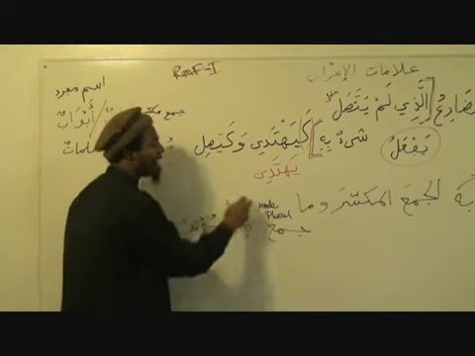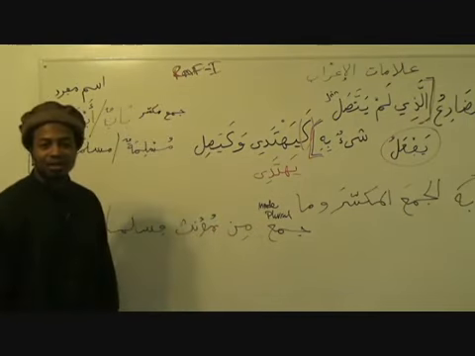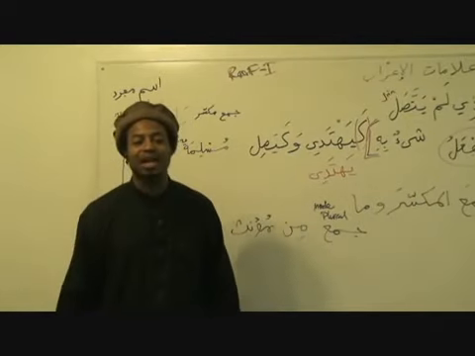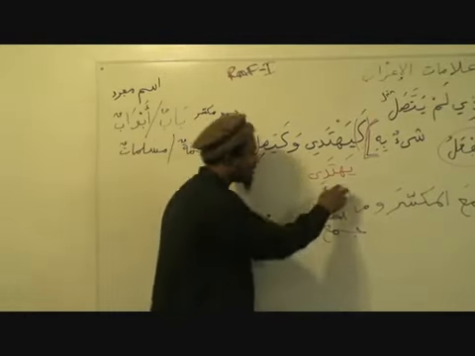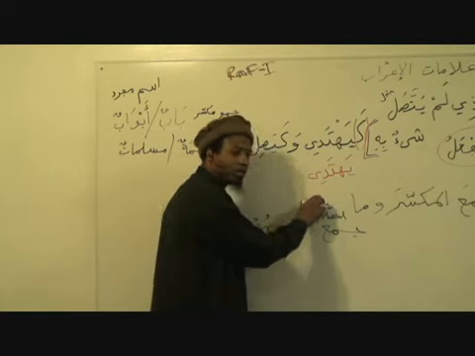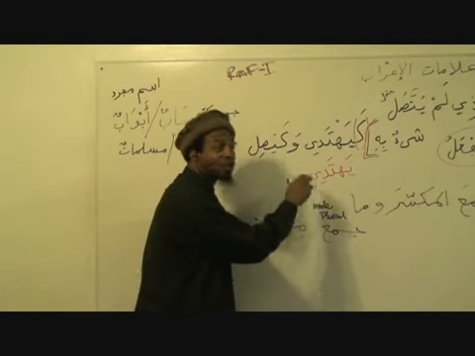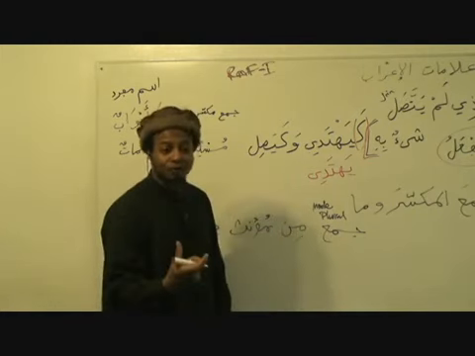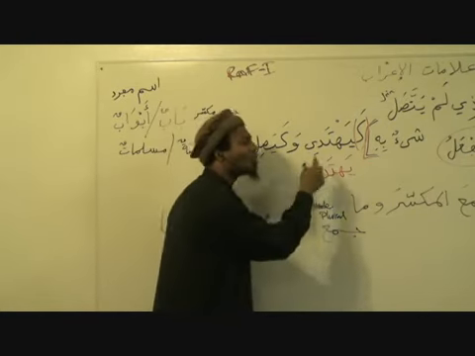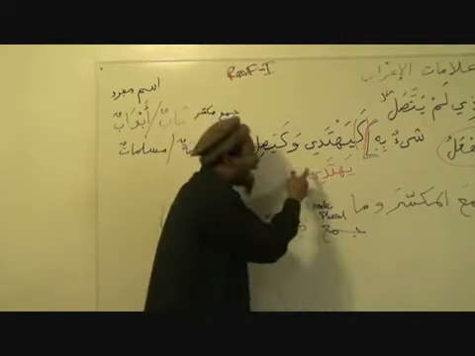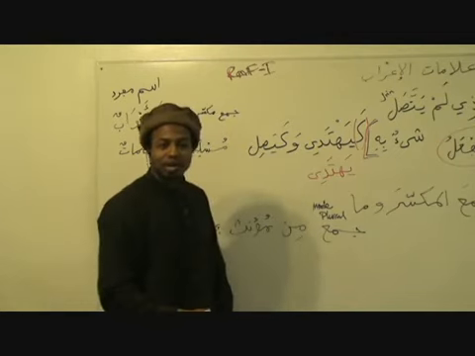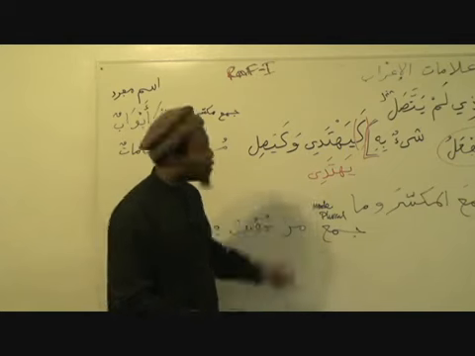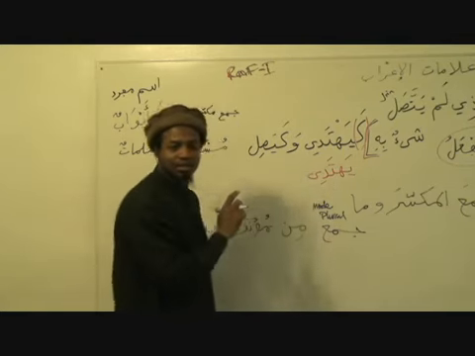However, it has a ya at the end of it. Can we say yahtadiyu? No, we don't say that in Arabic. So we say that this is yahtadi, but it's fi mahali raf'i. It's raf'i. Wa alamat, and the sign of raf'i is a dammatun muqaddiratun that is implied at the end of it. It's not going to be seen. All right? So it's implied in this case.